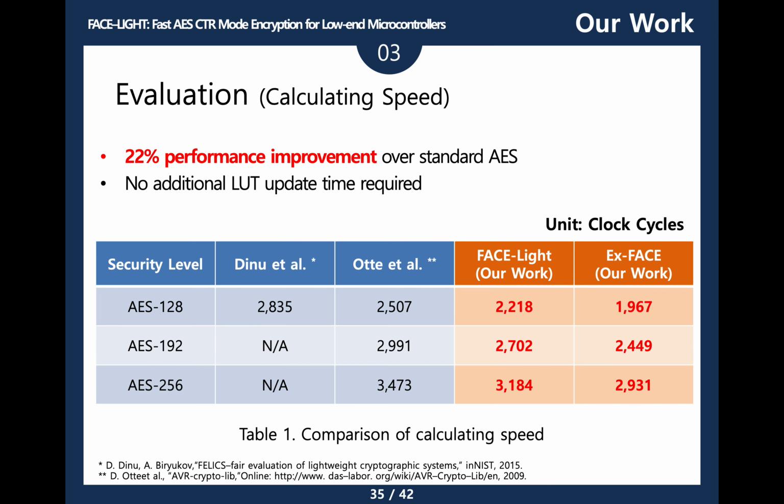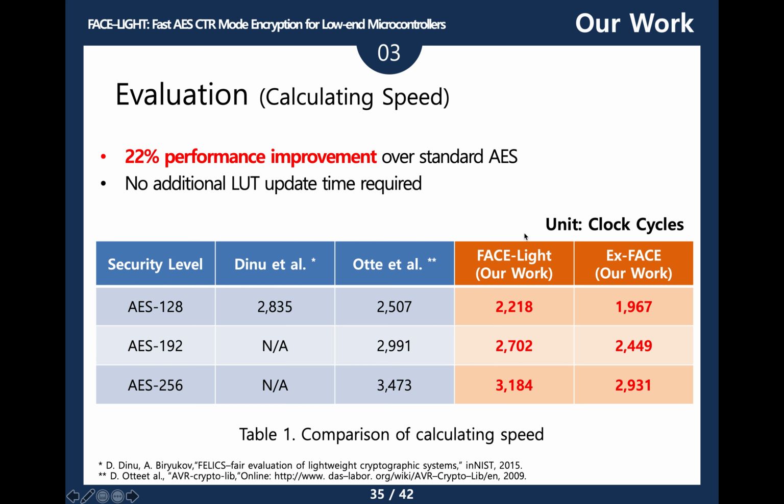Now, we will showcase our work's benchmark. If you take a look at the chart here, this is the clock cycle of the optimized standard AES, which is around 2500.